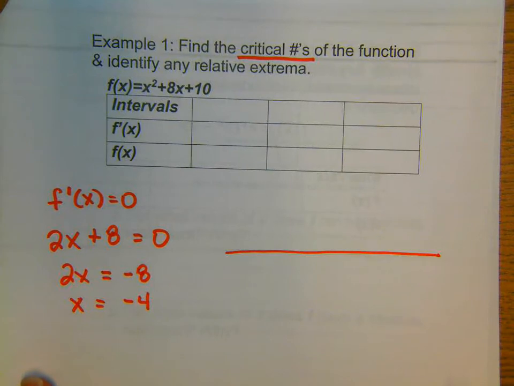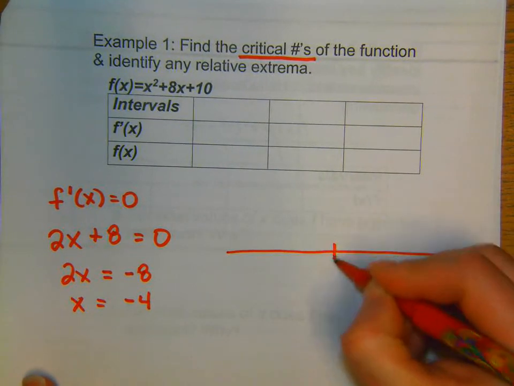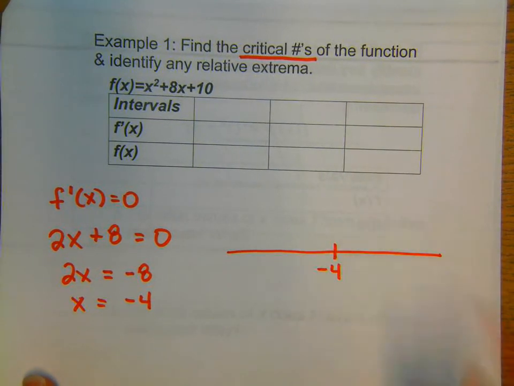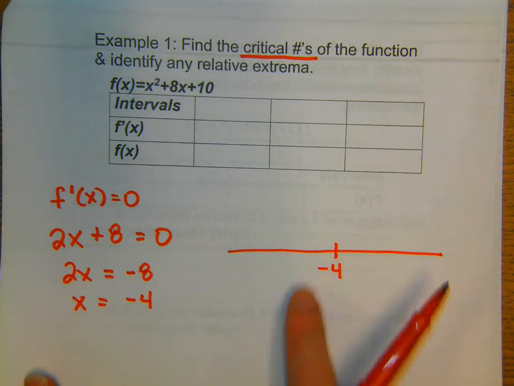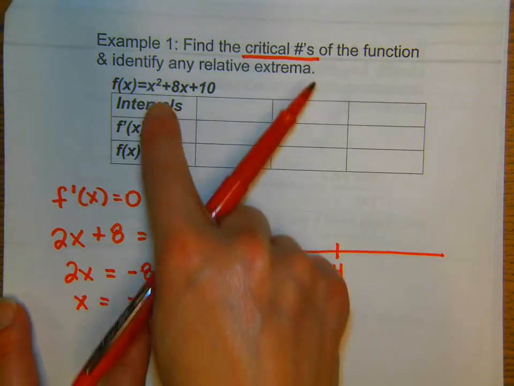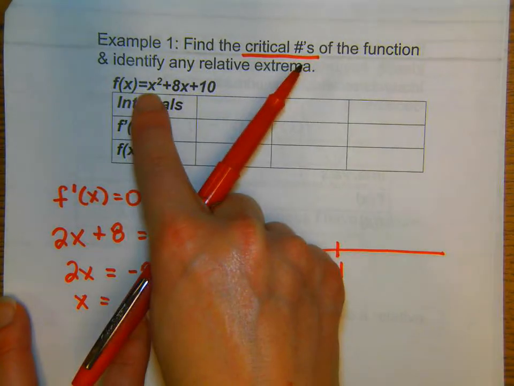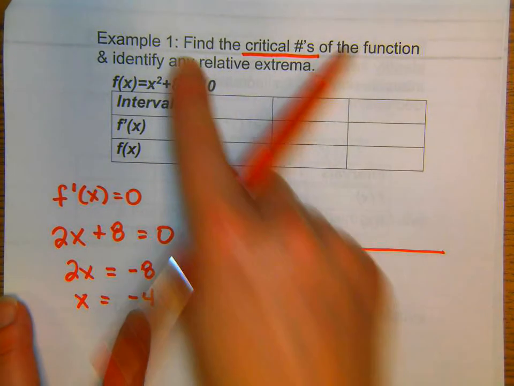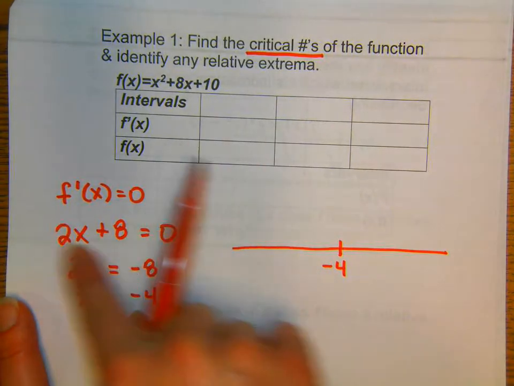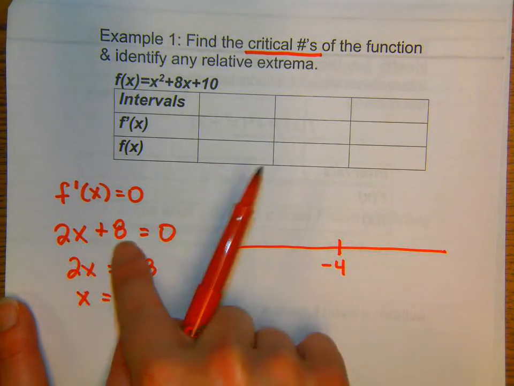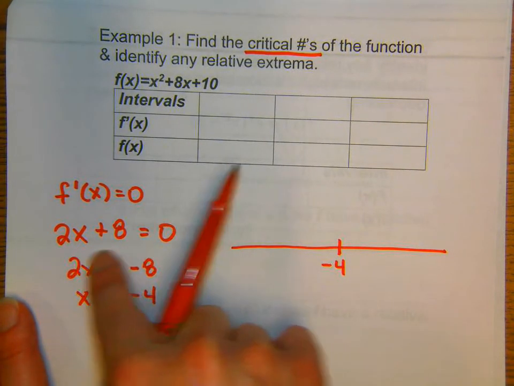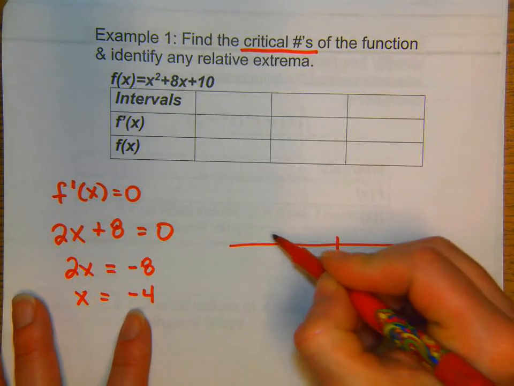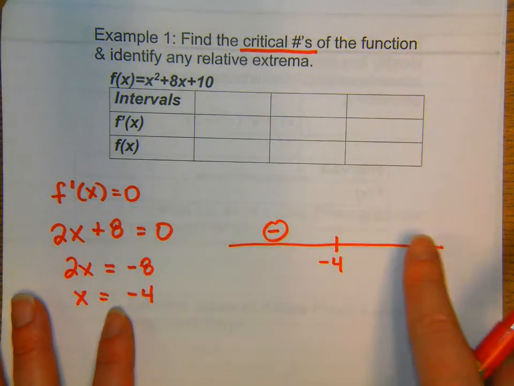What if I put negative 5 in, something over here? Nope, sorry, over here. What happens? Just tell me, is it positive or negative? Negative, okay. If I put 0 in, that's an easy one, right? Okay, so here's how we summarize. There's 2 intervals then.